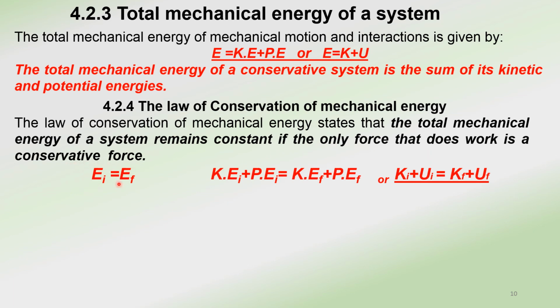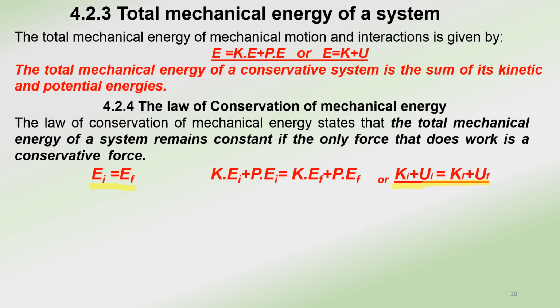You may also consider this mathematical expression where the initial total energy is equal to the final total energy, or the initial kinetic energy plus initial potential energy equals the final kinetic energy plus final potential energy.